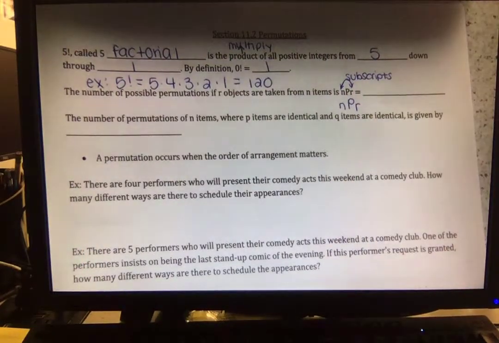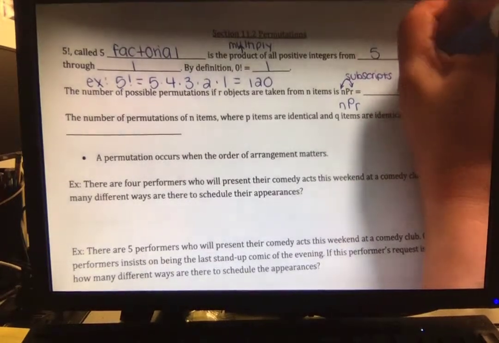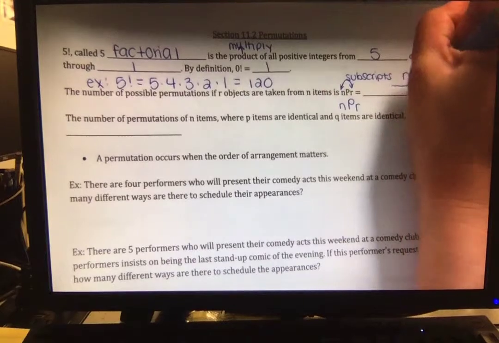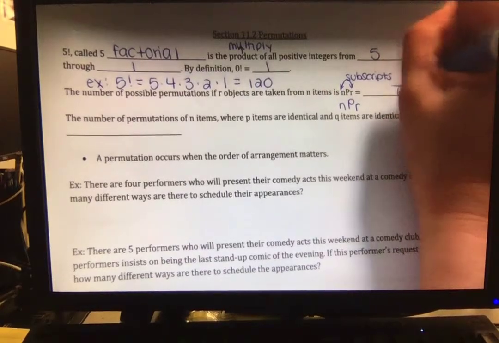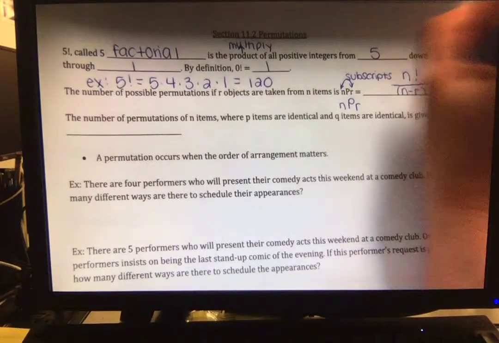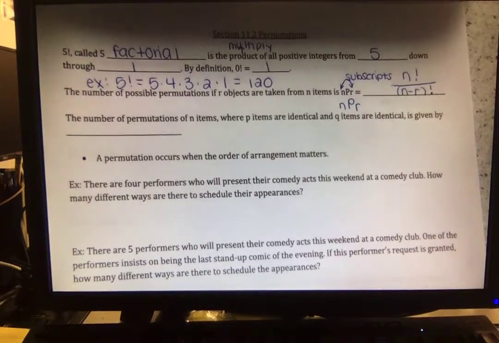We'll talk about this more in a second, but we have a formula for this. The formula is n factorial over n minus r factorial. That is the formula that we're going to use whenever we see an example in a minute.